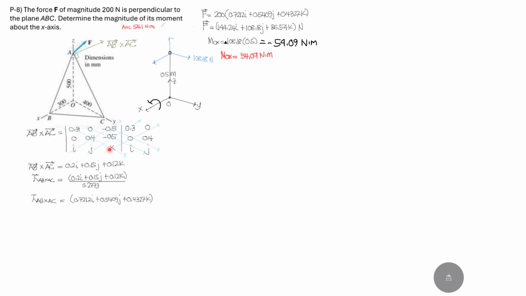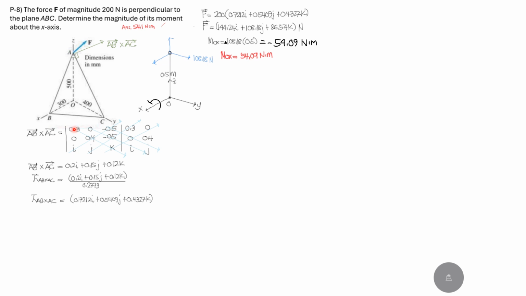Then ijk, unit vectors, then we copy the elements of the first two columns. Then let's evaluate for i, 0i, then minus negative 0.2i, so that's positive 0.2i. For j, 0, 0, then minus negative 0.15, so that's positive 0.15j.